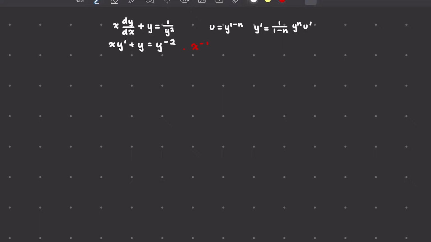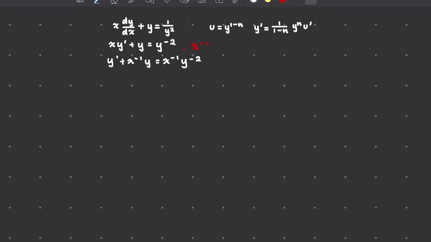Actually, 1 over x is fine, but multiplying everything by x to the negative 1 gives us dy/dx + x^-1 y = x^-1 y^-2. After we multiply everything by x to the negative 1, we see that this is in the general form of a Bernoulli equation, and we're ready to solve it.